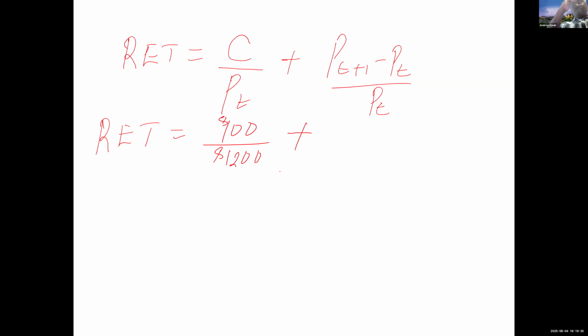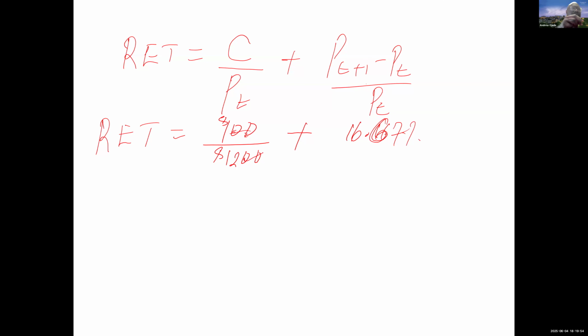Plus, this part we already found to be 16.667%. What is 100 divided by 1,200? This is 1 over 12.